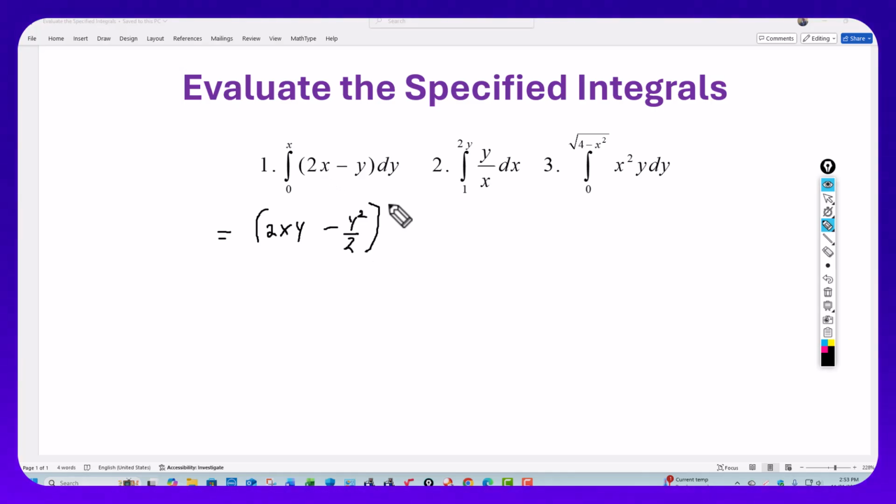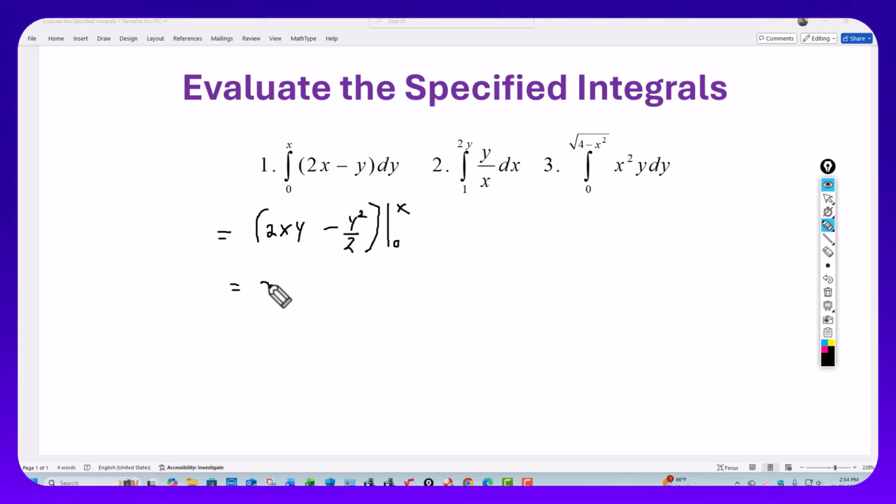And then the limits of integration go from y equals 0 to y equals x, x being a constant. And then as normal, we just plug in and evaluate. The limits of integration are y equals 0 and y equals x.